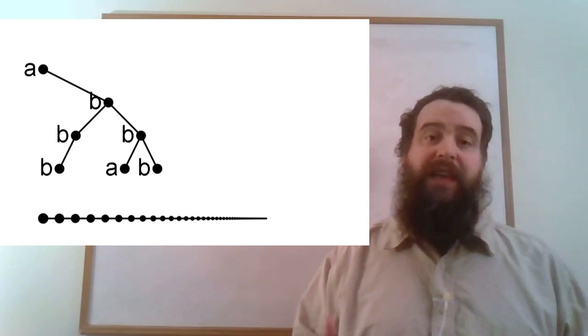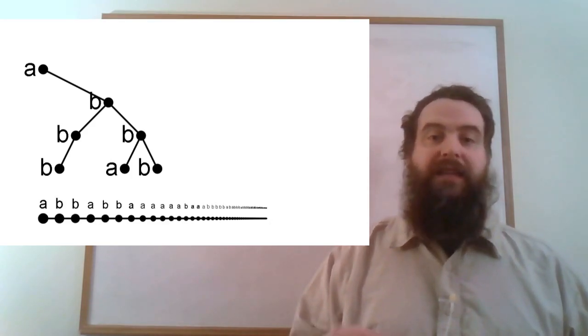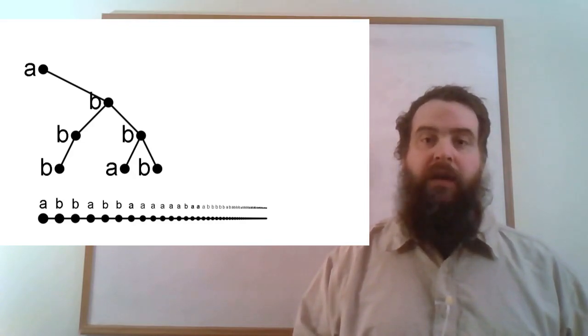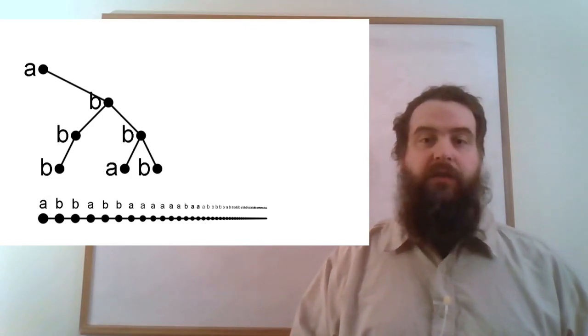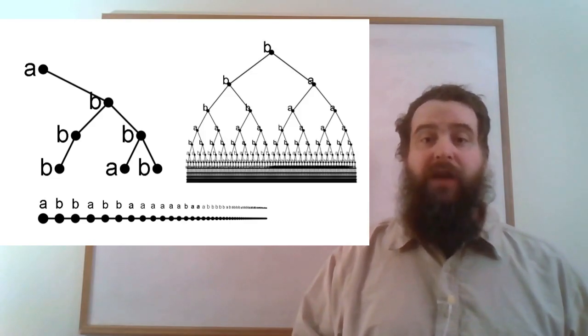We could also take a collection of points corresponding to the natural numbers and label all of those points with characters from a finite alphabet. This gives us words that are an infinite sequence of characters. And we can also take infinite trees and label all of their nodes with characters from a finite alphabet.